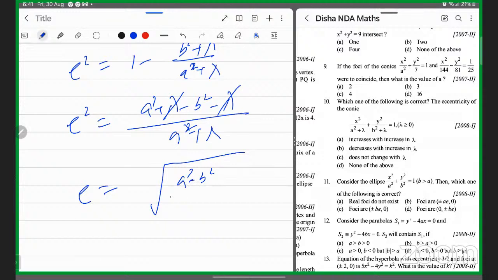A square minus B square, over A square plus lambda. Any problem? Eccentricity will decrease with increase of lambda. So B is the correct answer. Understood? Reciprocals. When you take lambda more, it will decrease, square root will decrease. Understood? No problem.